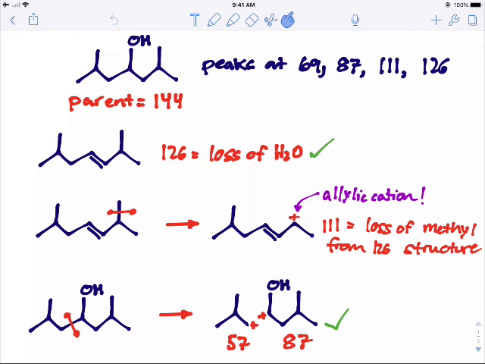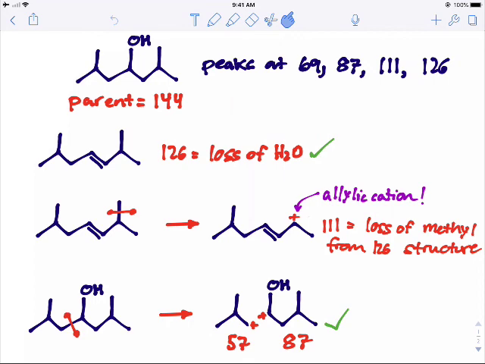In the spectrum, there was no parent ion, no M+, because 2,6-dimethyl-4-heptanol weighs 144 molecular weight units, and the highest peak was 126. So we're missing some mass there.